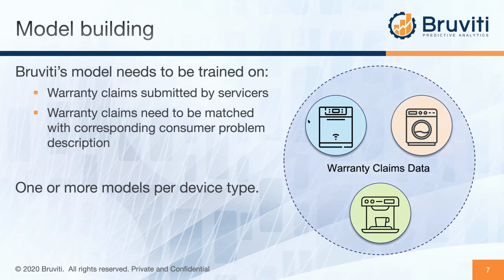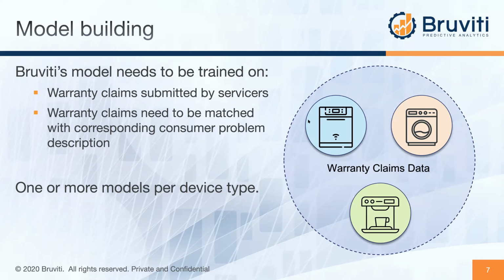Okay. So now once we get the information from the call taker, what needs to be done in terms of model building? We take the information from the old warranty claim data, all the historical information that we have collected, and that is basically used to build the model. The models that we build start with what we call the base model, which comes with Bruviti's product as an off-the-shelf product.